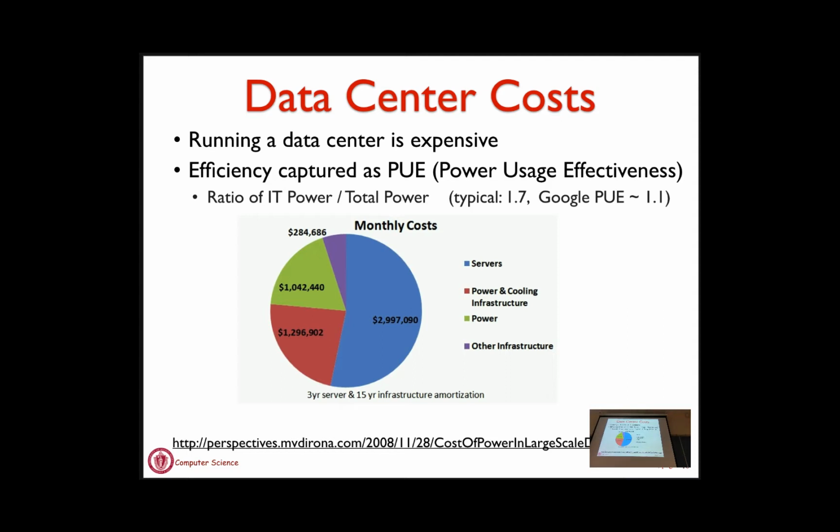These are very old numbers, but they just give you an idea. And these are monthly costs. So you're going to spend something like 5 to 10 million US dollars per month to run a data center. For 10 months, that's $50 to $100 million for running a data center.